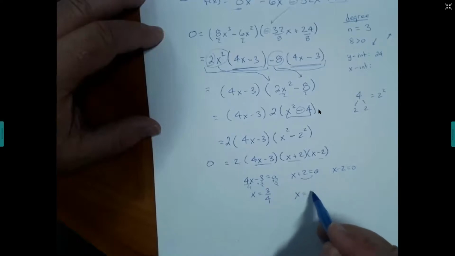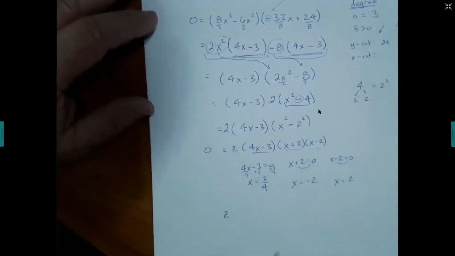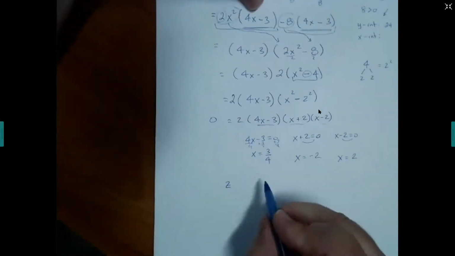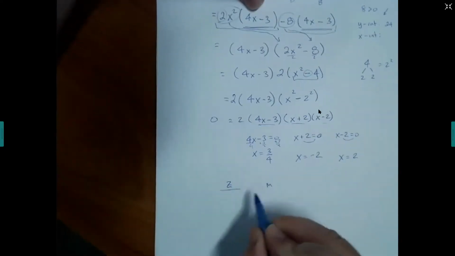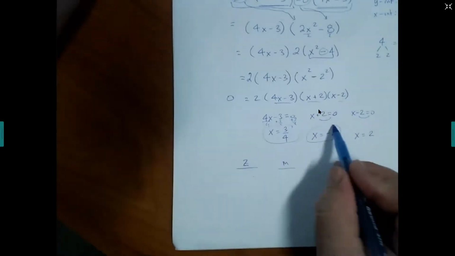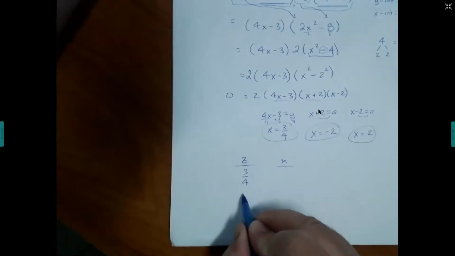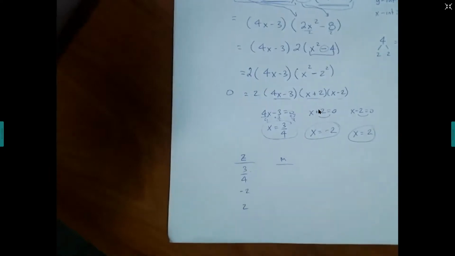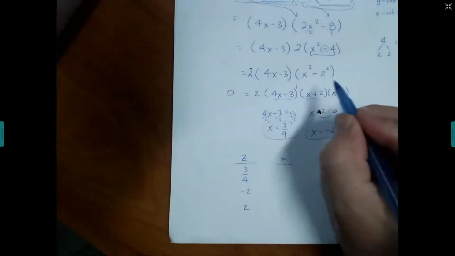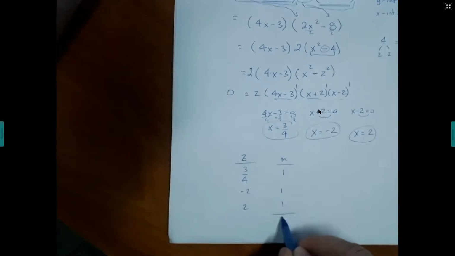X equals negative 2 and x equals 2. So my zeros and multiplicities, these are my zeros. And their multiplicities are all 1. Because if I add up the multiplicities, I have to get the degree of the equation.